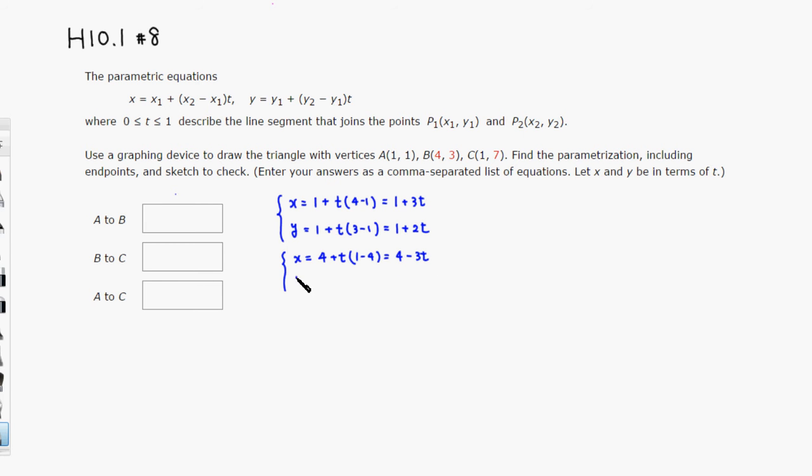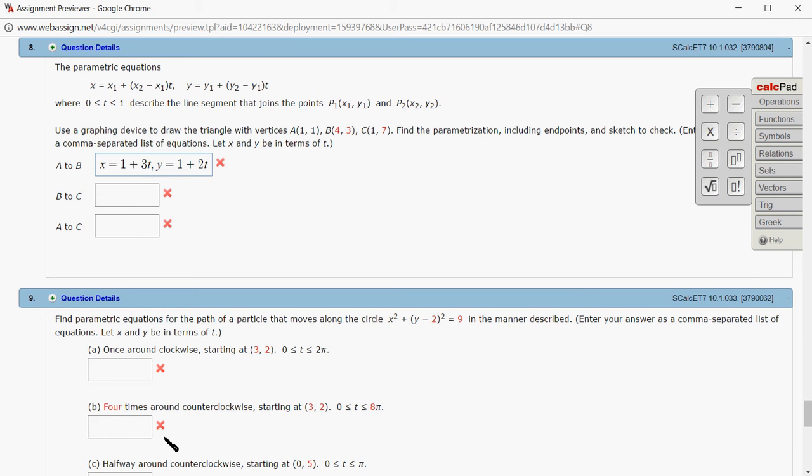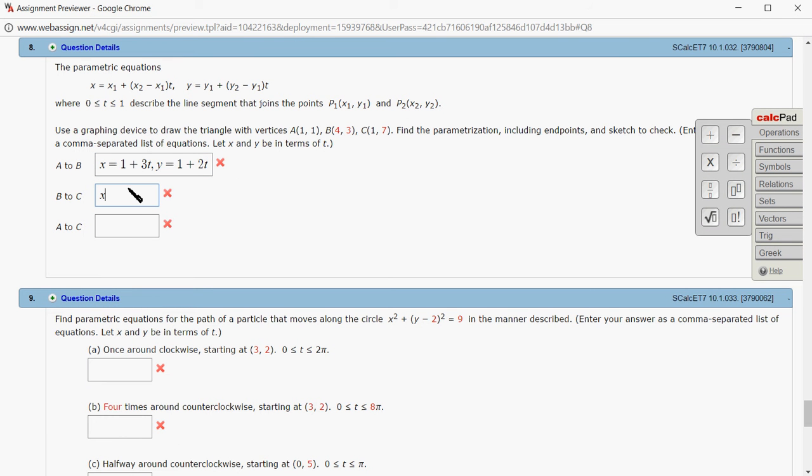Y is equal to the initial point's y coordinate, 3, plus t times 7 minus 3, so this is going to be 3 plus 4t. Let's type it in. So x is equal to 4 minus 3t, and y is equal to 3 plus 4t.